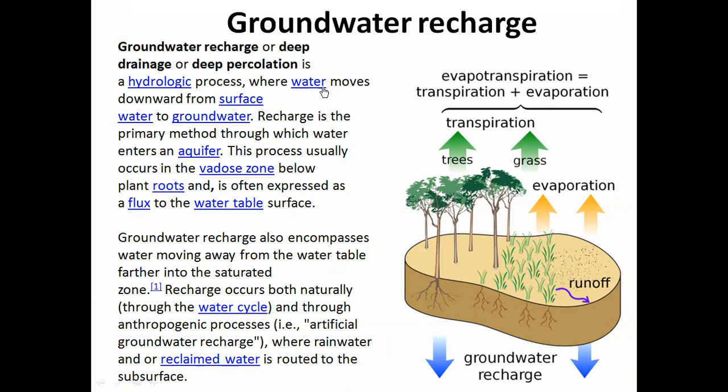So you already know the hydrological process, where water moves downward from surface water to groundwater. I mean, you have a cycle like that, the hydrological cycle. Some part of the water will be infiltrated, so that process is one way where you can recharge the groundwater. But in houses, how will you do it? Your borewell will be there.